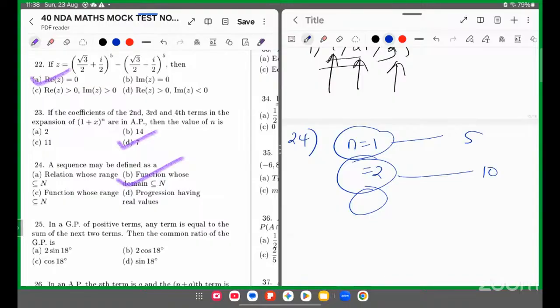A sequence is formally defined as a function whose domain is a subset of the natural numbers. The terms of the sequence are the functions a1, a2, a3. So option B is the correct answer.